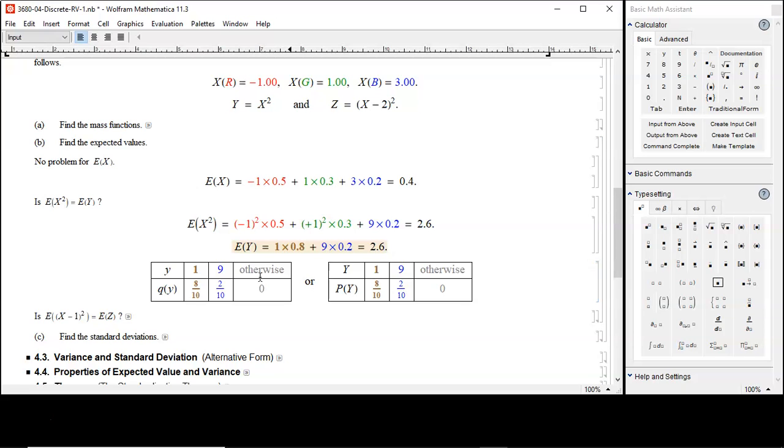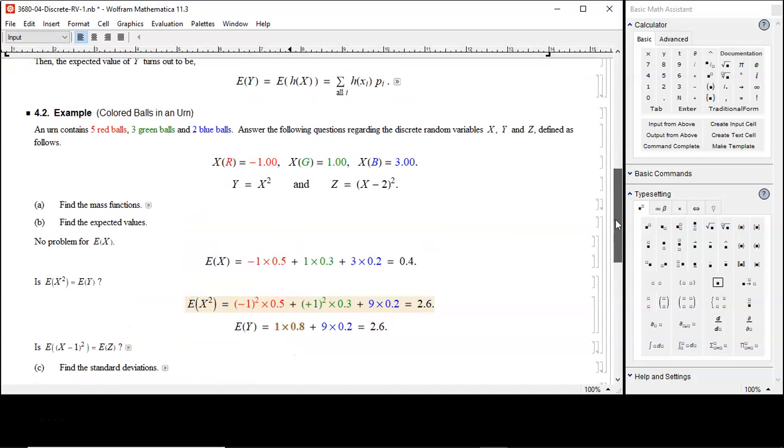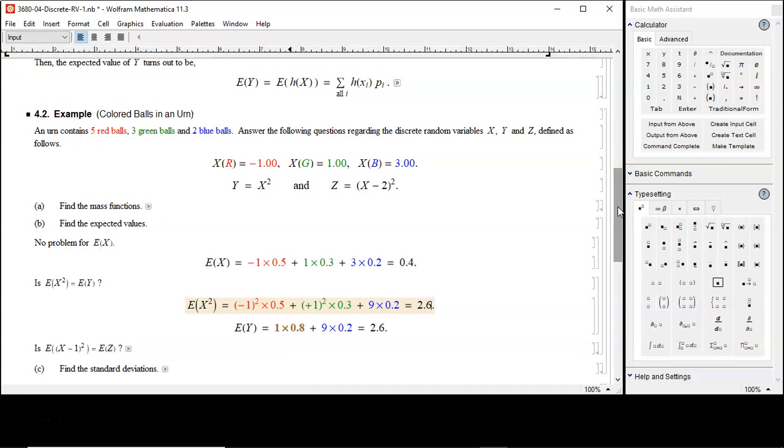Always you get the same thing, because it's okay to decompose them into this red case and green case, because same y value there, and then 0.5 plus 0.3 is 0.8, so no problem there, they're always the same. So whether you calculate directly from the mass function of y, or you calculate from x using the composite of the square function, you get the same thing.